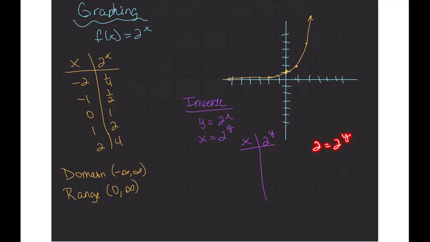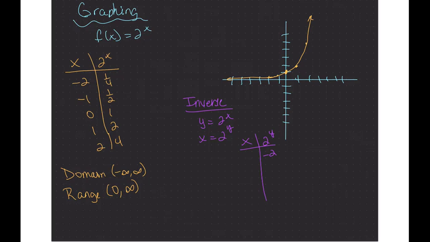But sometimes these get a little bit more tricky. So usually when I do these and my y is up in my exponent, I actually work on them backwards. I'm going to plug in my y value, and then that's going to tell me what my x value is. So I'm going to put in -2.